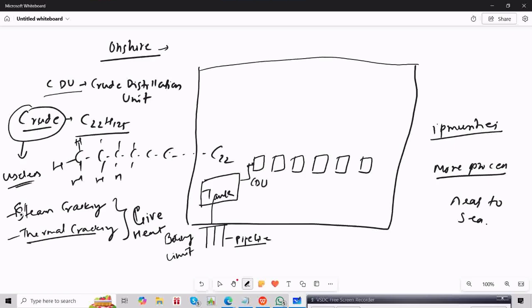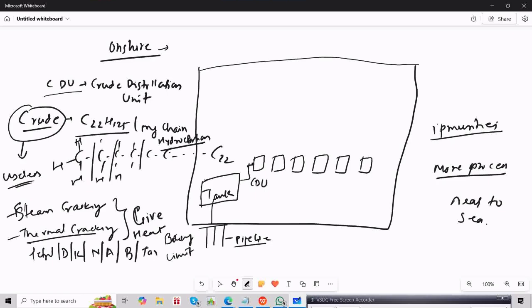When you give heat to crude, this long chain hydrocarbon molecule will start breaking from its bonds and create smaller molecules, and these are your petrol, diesel, kerosene, naphtha, asphalt, bitumen and tar.